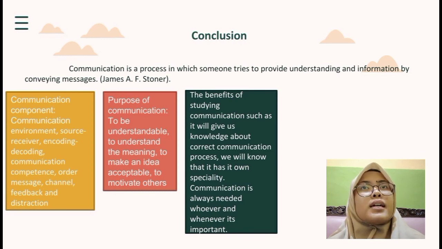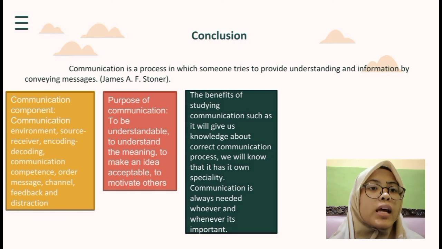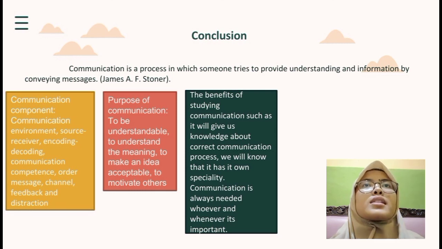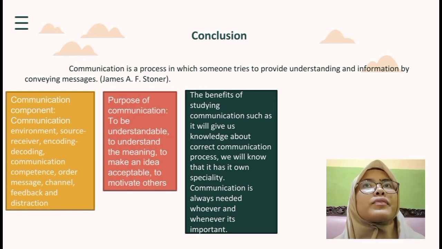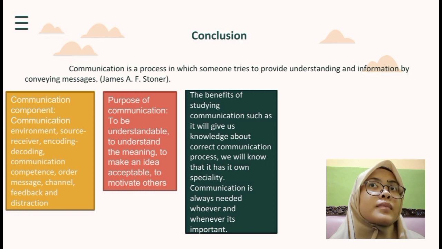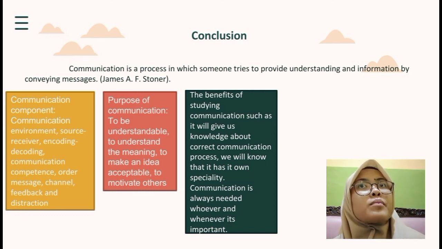In conclusion, as stated by James A. F. Stoner, communication is a process in which someone tries to provide understanding and information by conveying messages. Communication competence includes communication environment, source, receiver, encoding, decoding, message, channel, feedback, and distraction.